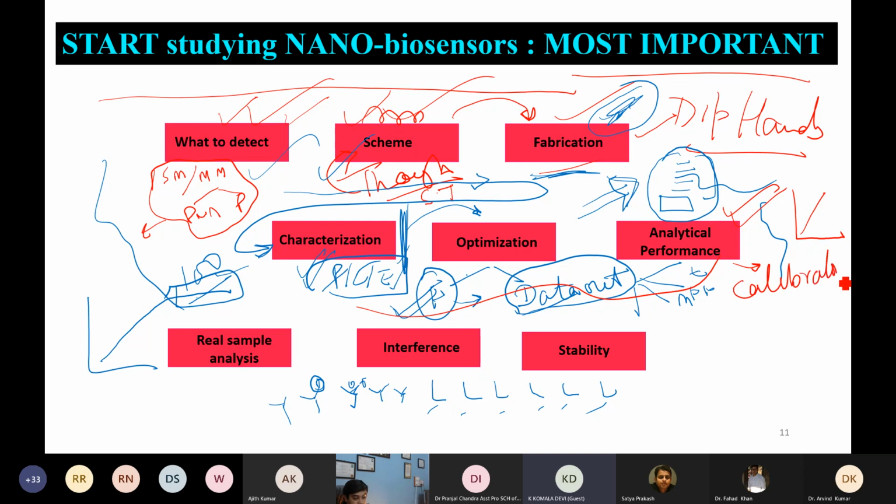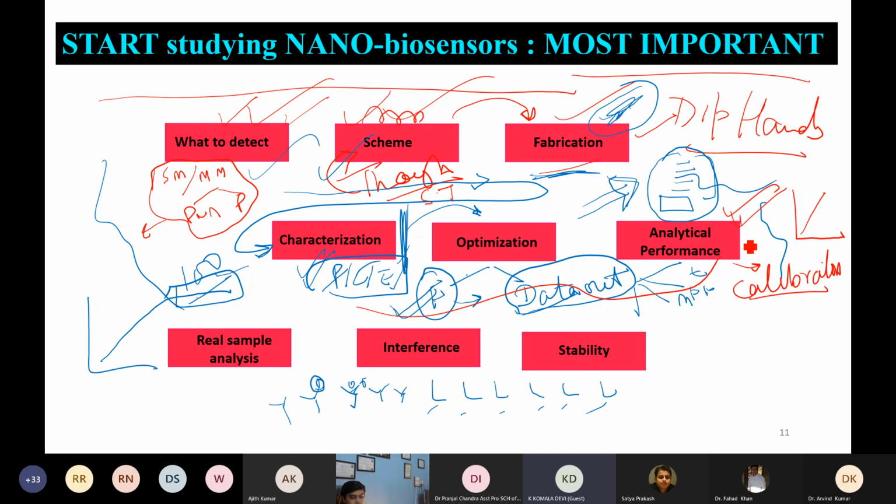I'll talk numerically about that after this slide. Analytical performance means whether the sensor design is able to detect Fusarium in the plant, whether the sensor is able to detect Aspergillus spores, whether the sensor developed is able to detect components in the soil.